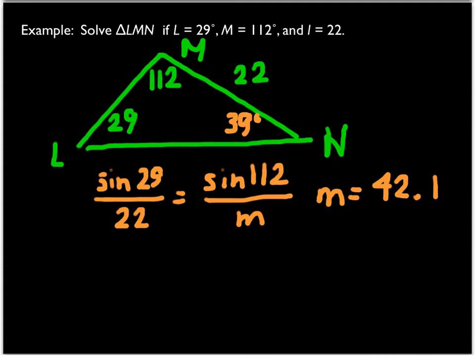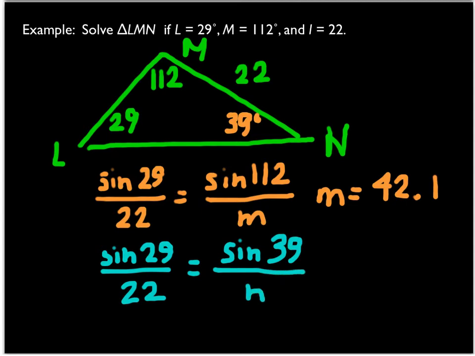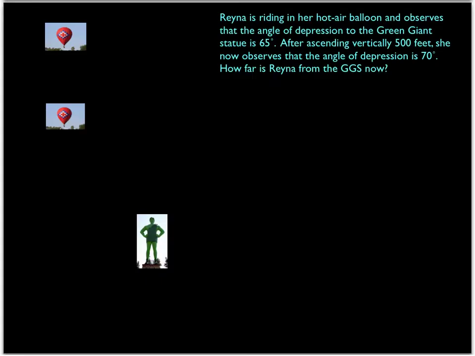And lastly, we would take that same first ratio, the sine of 29 over 22, but this time it will equal the sine of 39, that's the angle we just mentioned, over side n. Once again we do our cross multiplying, and n would end up to be 28.6.